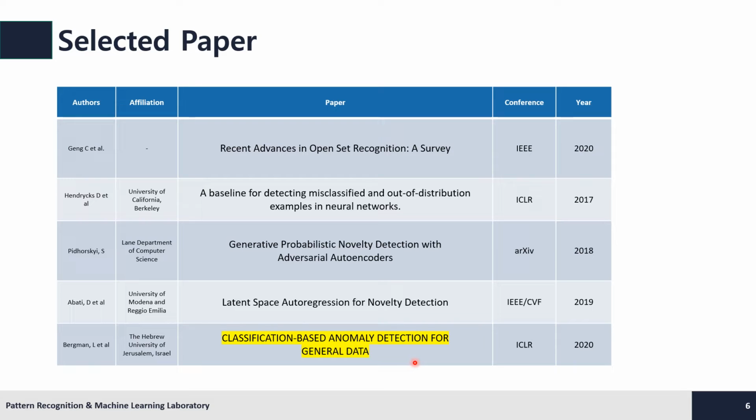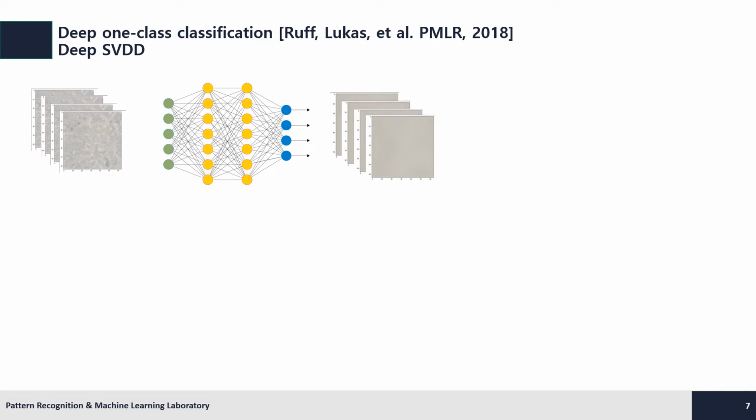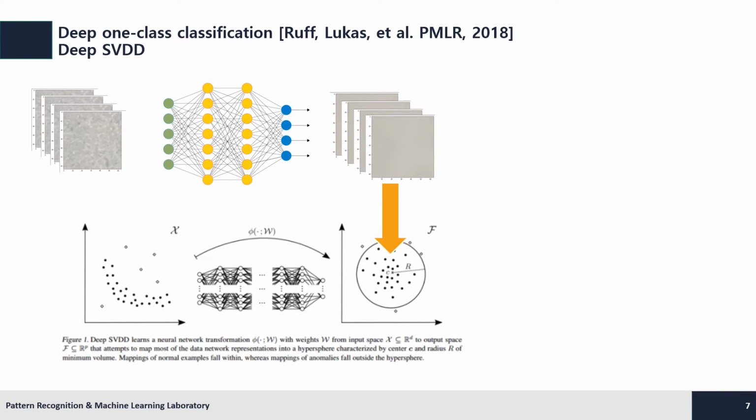I also chose to apply a classification-based method, not only reconstruction methods like AE, VAE, AAE, which are the two most commonly used. Let me briefly review this paper again and related work.